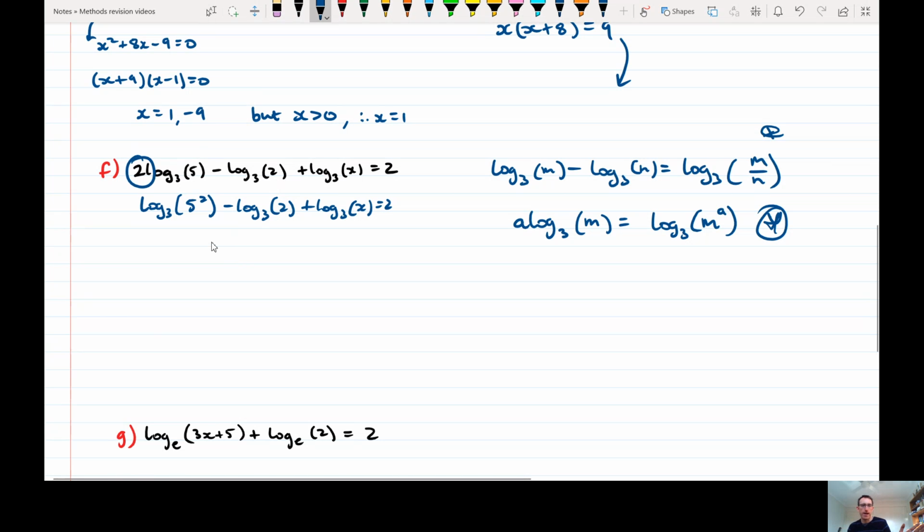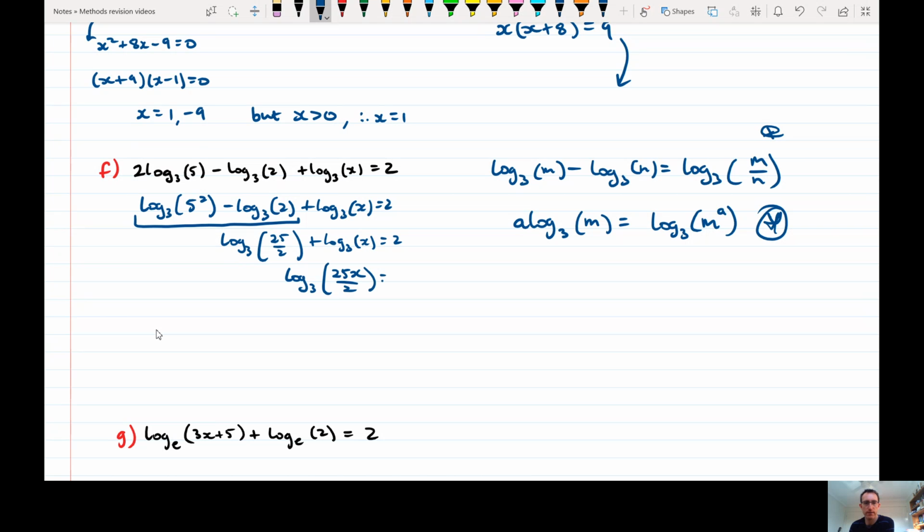Do this one. And now we're going to go left to right using our laws. So these two together have a minus, so you divide the bits inside. That gives you log base 3 of 25 over 2 plus log base 3 of x equals 2. That plus means we're going to combine them inside by multiplying 25 on 2 and x.